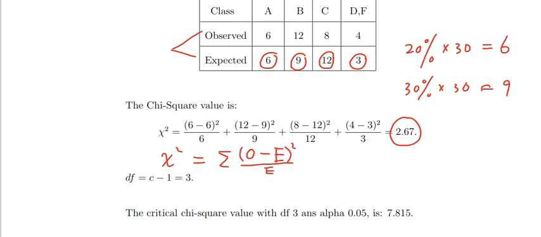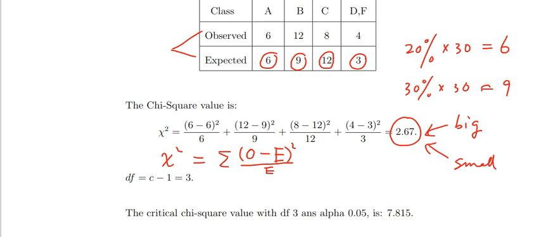Then we need to determine whether this number is big or small. To determine big or small, we check a chi-square table.